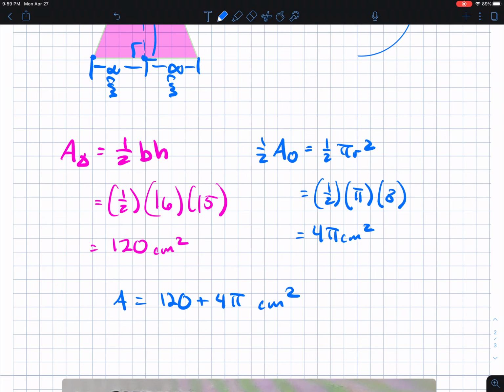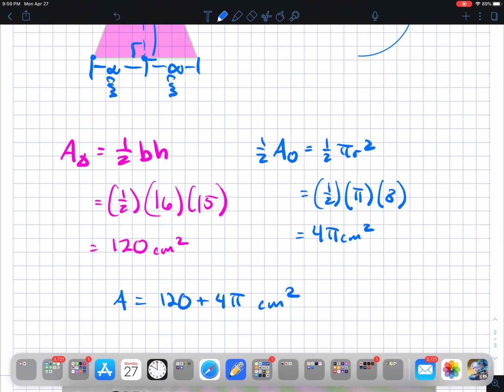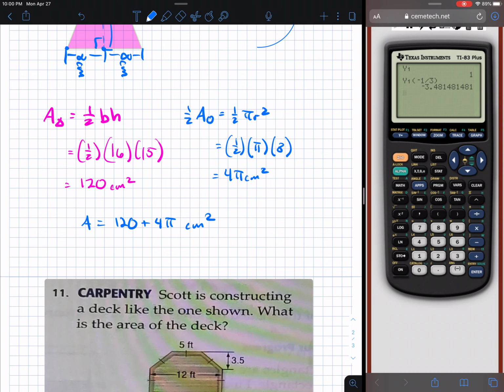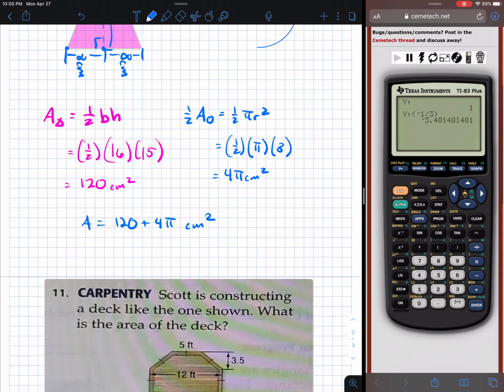But then I think the instructions say round to the nearest tenth. So we're going to go ahead and crunch that number. I'm going to break open my calculator. Let's just reload and refresh so we know it's working properly. Okay. So then I'm just going to do 120 plus 4 times pi.